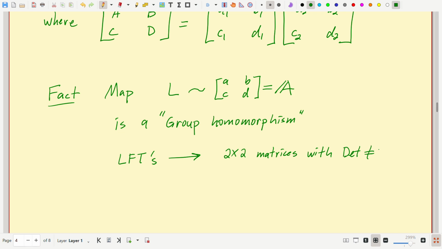You multiply those two together, you get one like that, and the inverse is one like that.